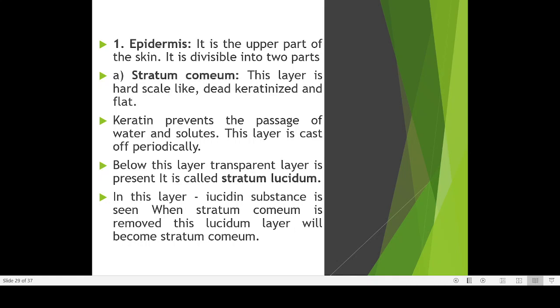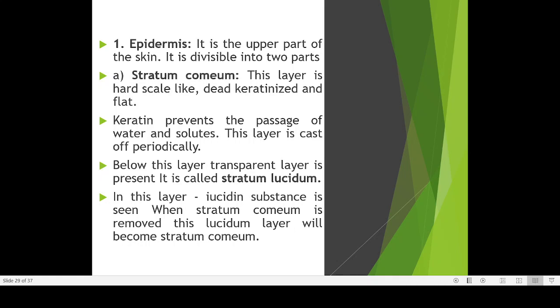And one feature of the lucidum is that when stratum corneum is removed, or cast off from the body, stratum lucidum will be modified into stratum corneum. That is the meaning of this sentence: stratum lucidum will become stratum corneum when the uppermost layers are gradually removed from the body.